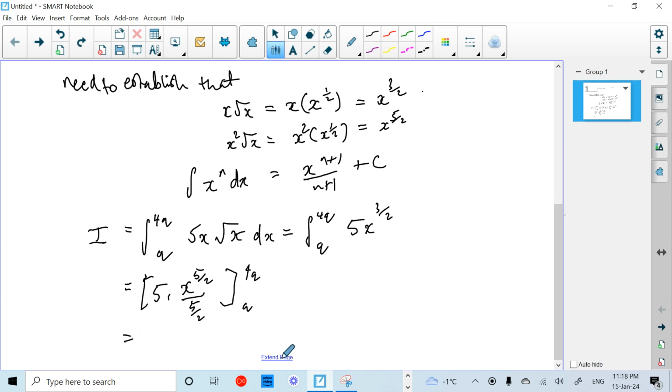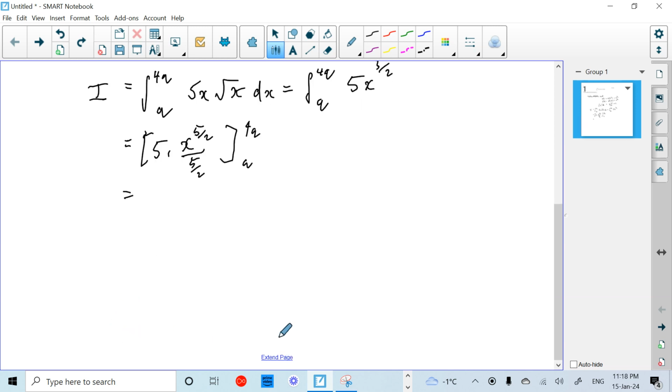And now we just tidy up that. Let's extend the page. What do we have? We have 2x to the 5 over 2, again with our limits of 4q and q.